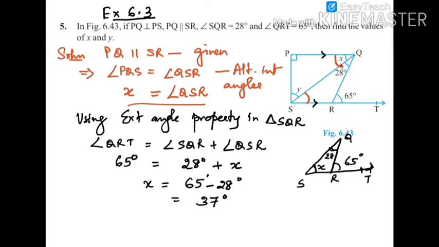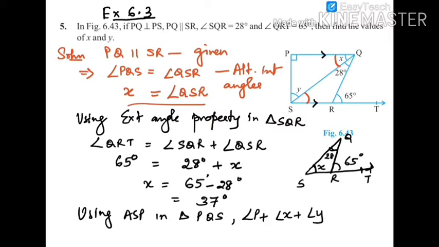In triangle PQS, we can use the angle sum property. One of the angles is 90, that is angle P. Angle X we have found, so we can calculate angle Y using angle sum property. Angle P plus angle X plus angle Y is equal to 180 degrees.